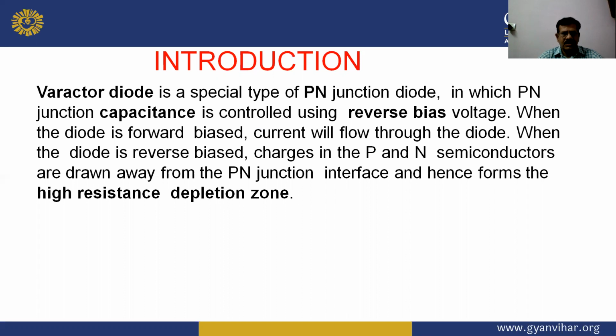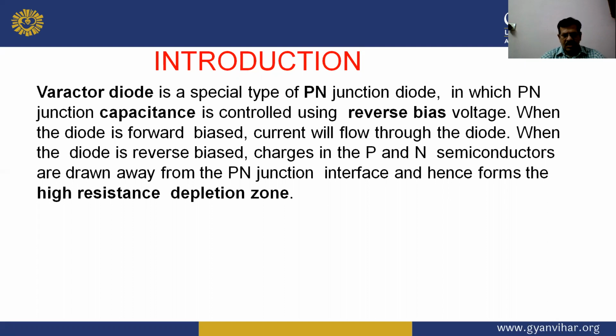When the diode is forward biased, current will flow through the diode. That is the own condition of the PN junction or this diode. When the diode is reverse biased, charges in the P and N semiconductors are drawn away from the PN junction interface and hence form a high resistance depletion zone.